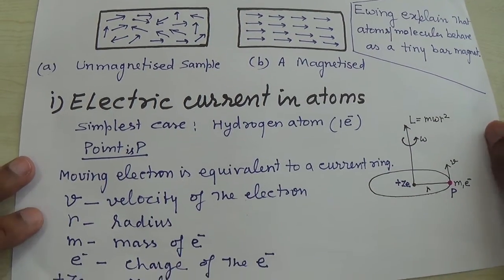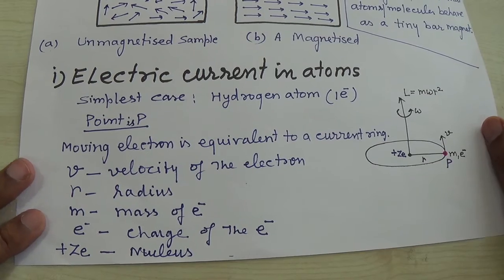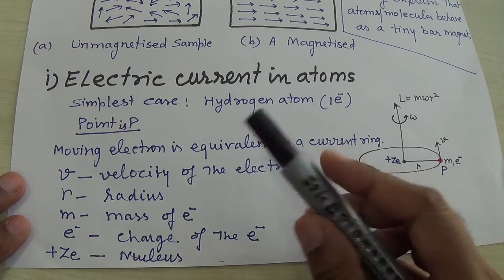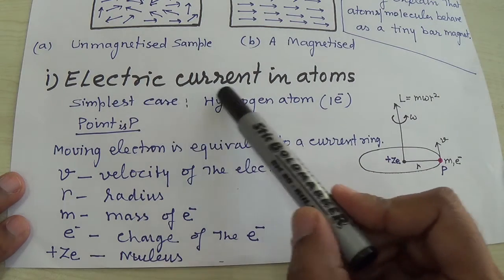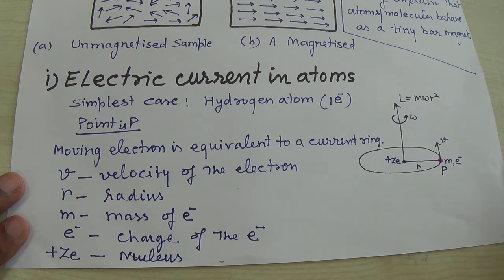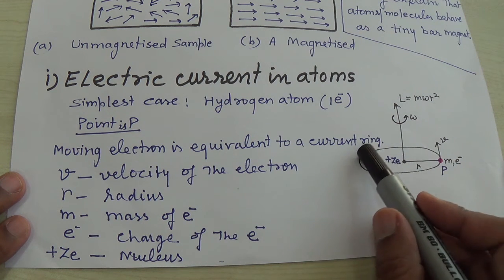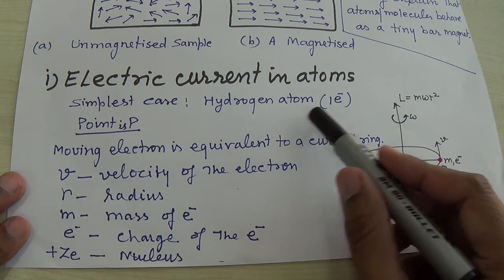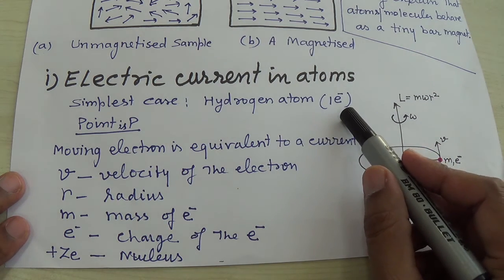To understand it, we need a basic picture of the atom. So the idea is electric current in atoms. How can one define that electric current flows in atoms? For that, we select the simplest case of the atom, the hydrogen atom, in which we find only one electron.